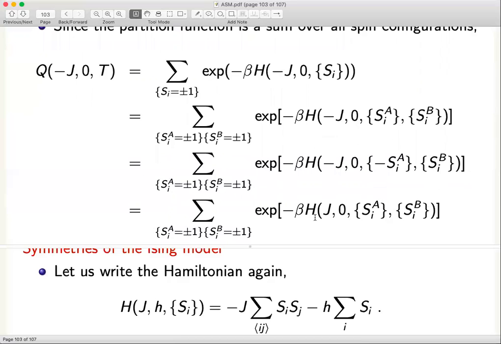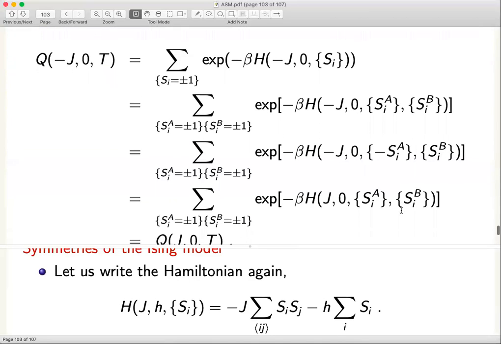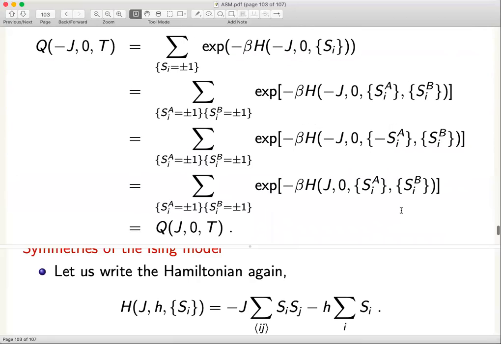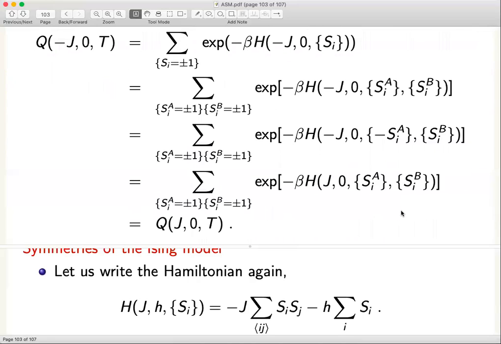As a result, you get the partition function defined with respect to the original value of J with SiA and SiB. That is our original partition function. So what we find is that the partition function written for positive J is the same as the partition function written for negative J. Now that is a bit odd.